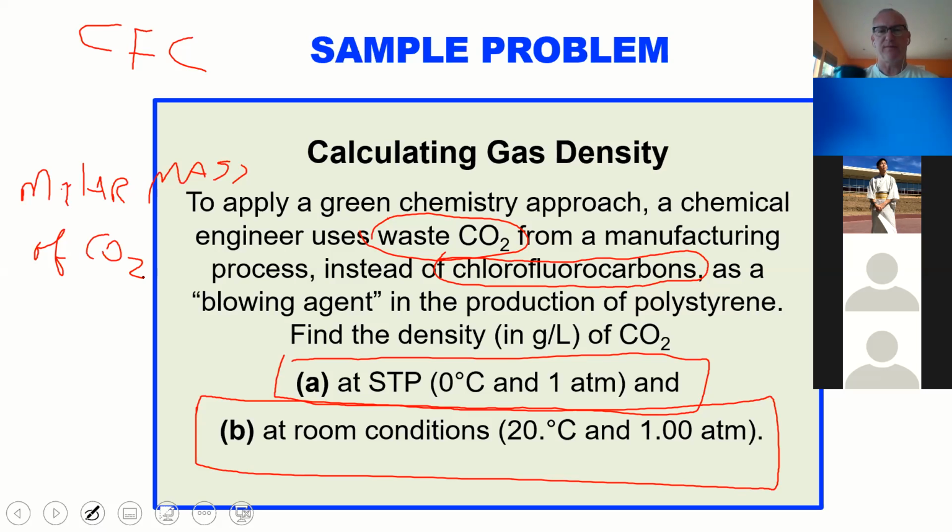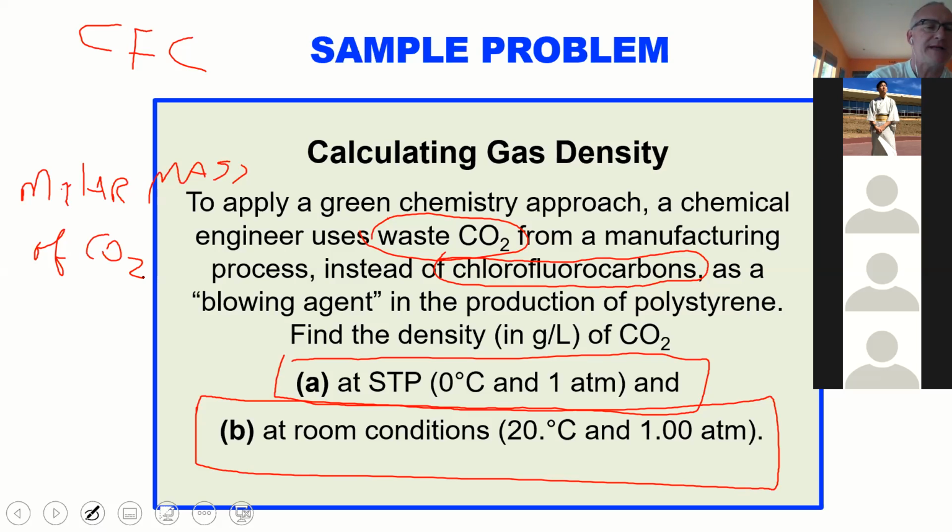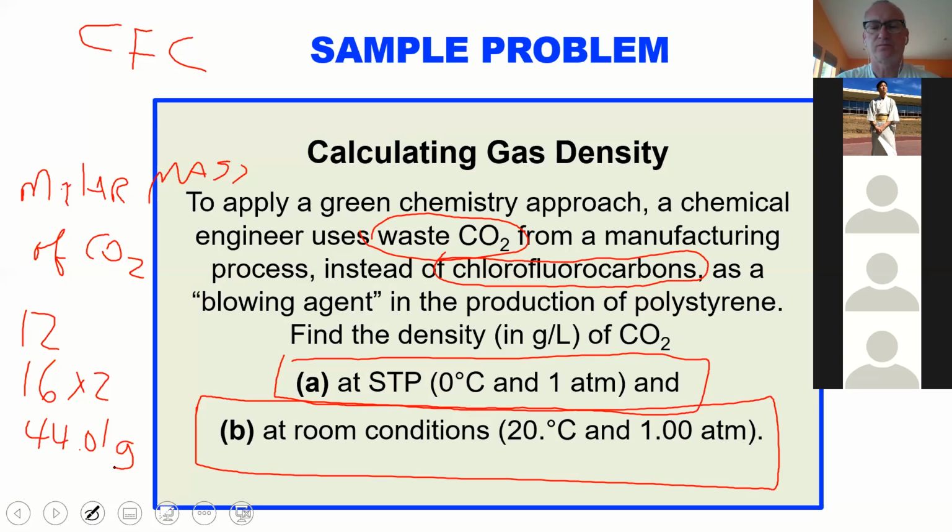Anyone have that off the top of their head? 28.01? I don't think so. The mass of carbon is 12. The mass of oxygen is 16. And there's 2 of them. 44.01. There you go. So 44.01 grams.